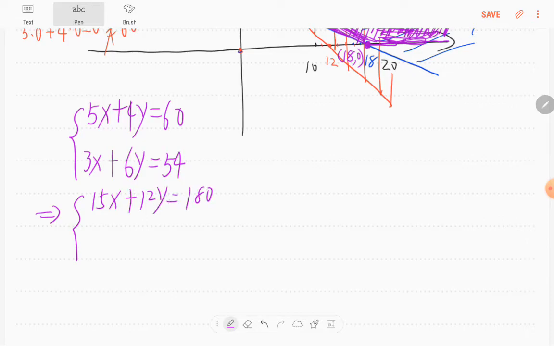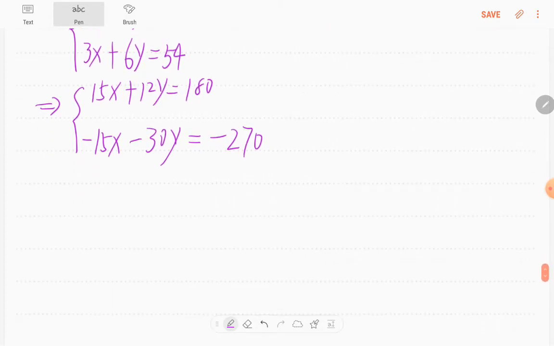If you multiply negative 5 on the second equation, it will give negative 15x plus negative 30y equals negative 270. So if you add these two, okay, we use the elimination, right?